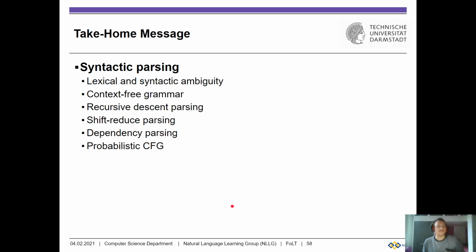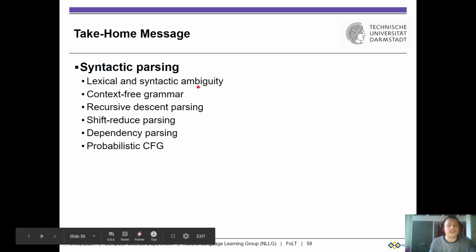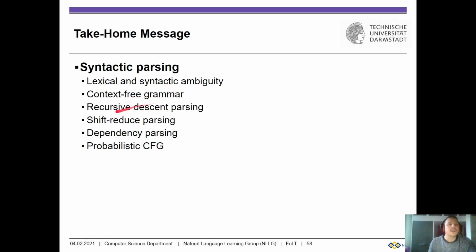The take-home messages from today are: we've seen syntactic parsing, we've seen lexical and syntactic ambiguity, we've seen context-free grammars, we've seen how to parse constituency using recursive descent parsing, which is a top-down approach, and shift-reduce parsing, which is a bottom-up approach, which is more efficient on the one hand, but the implementation that we've seen also suffers from lack of backtrack, so that it's possible that not each sentence will actually obtain a parse tree, a parse analysis.